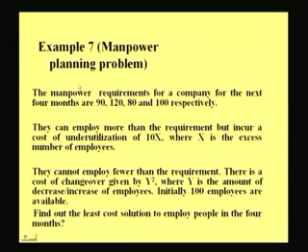One look at these numbers is going to tell us that for the second month it is not advisable to have more than 120 people at all, because if we have more than 120 people, then we are going to unnecessarily have an underutilization cost somewhere here, and the changeover cost is going to be more because the next month's requirement is 80, and therefore the cost of changeover is also going to increase.